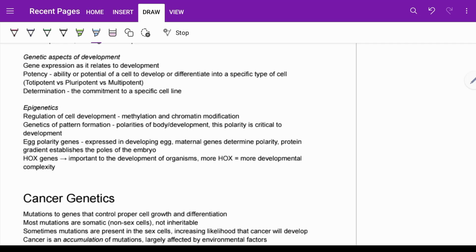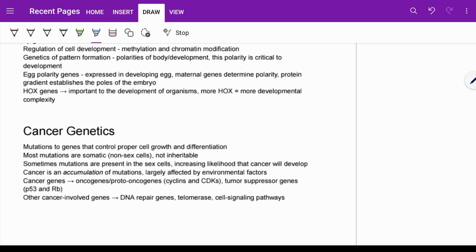That is actually determined by genetics, which is really cool. We have egg polarity genes that are expressed in the developing egg from the maternal genes and determine the polarity of the developing offspring. There's a protein gradient that establishes this polarity.